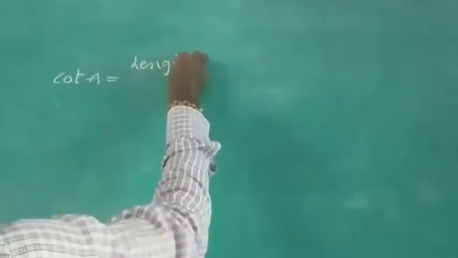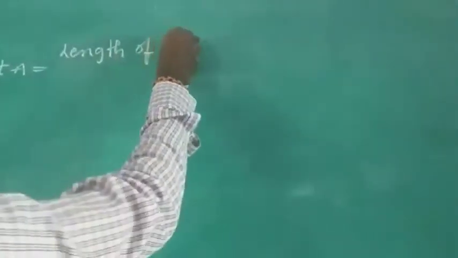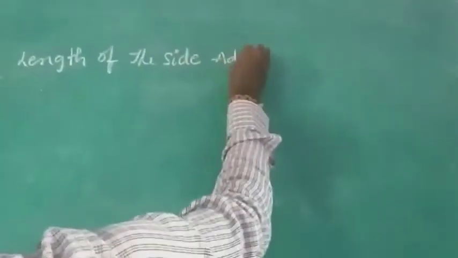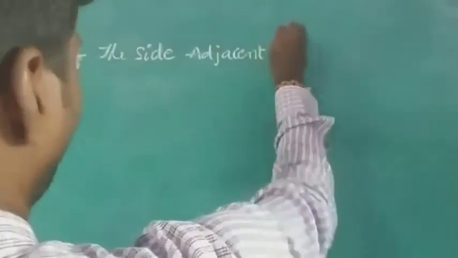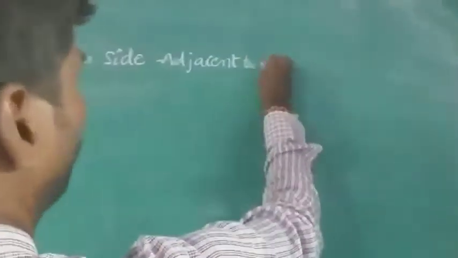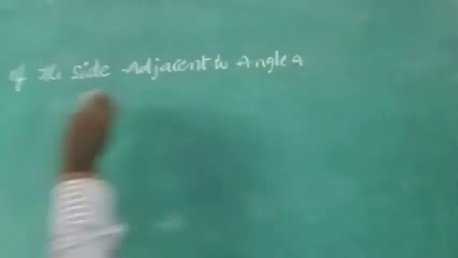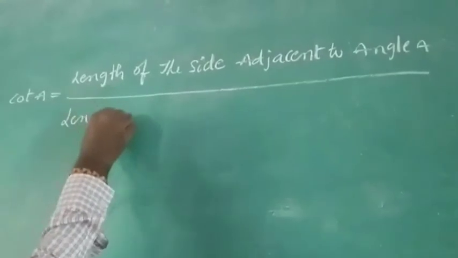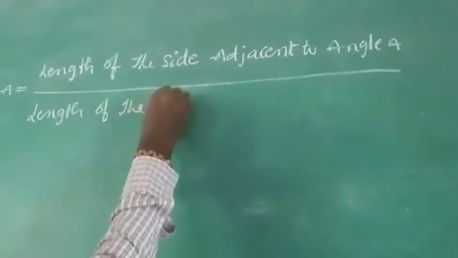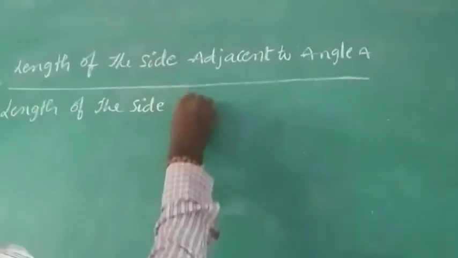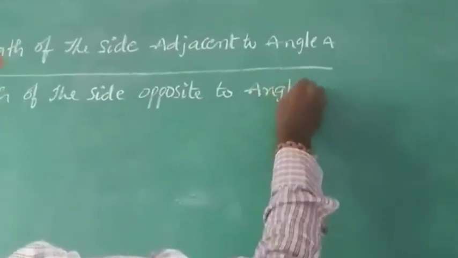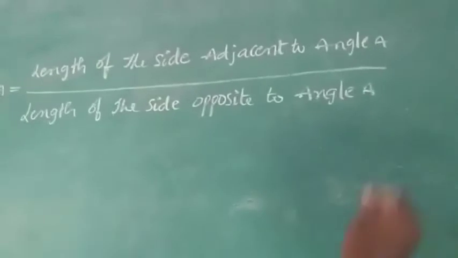The reciprocal is the length of the side adjacent to angle A by the length of the side opposite to angle A. Means what you will write?